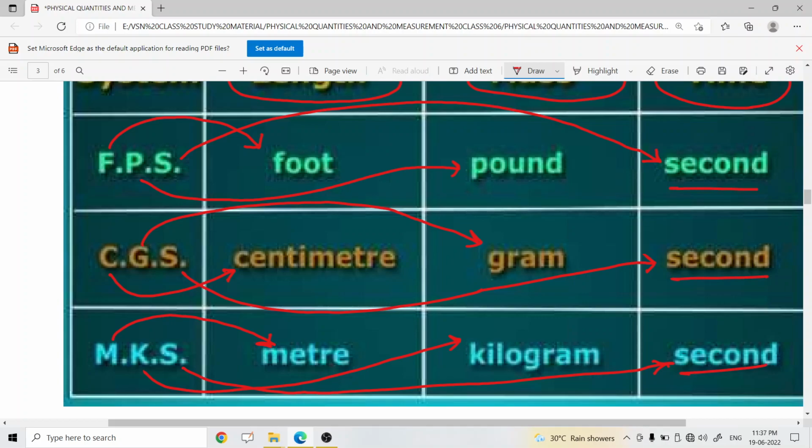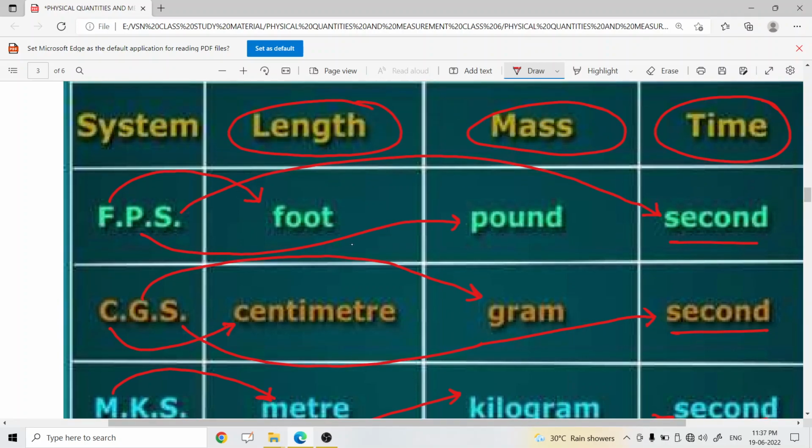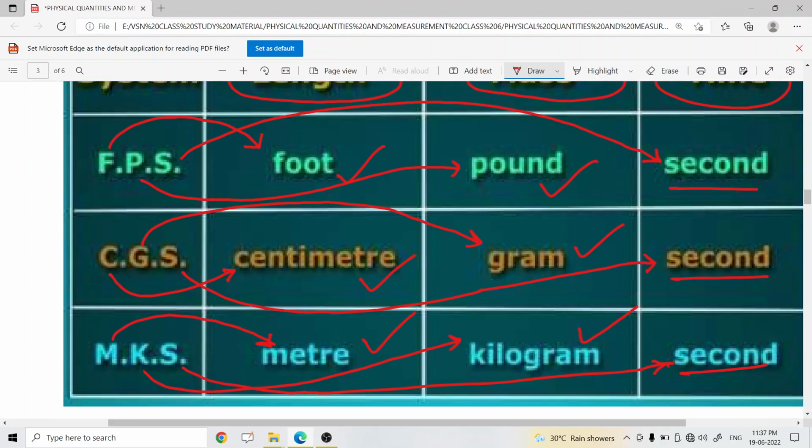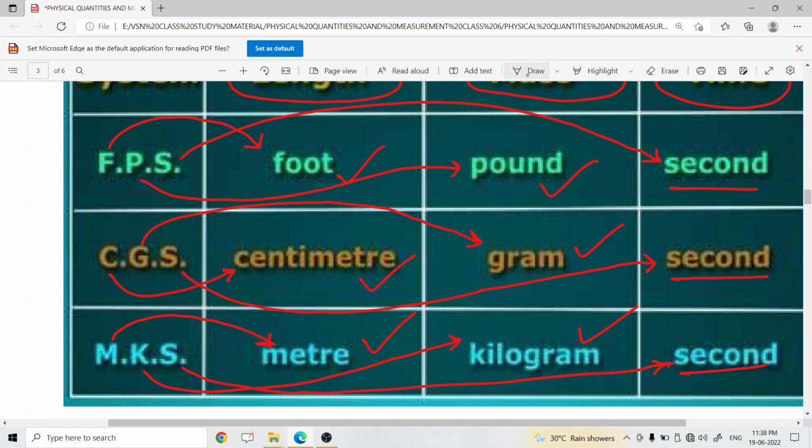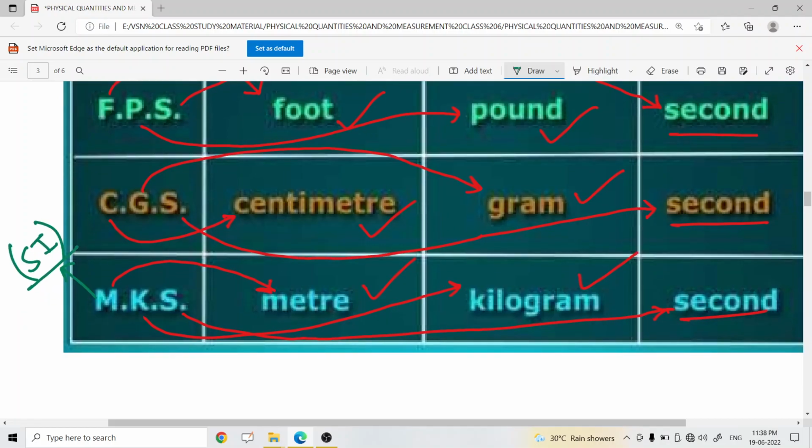Otherwise, for length we get different units like foot, centimeter and meter, and for mass pound, gram, and kilogram. Here you can also tell that MKS is known as the SI system or international system. Generally nowadays we always use the MKS system.